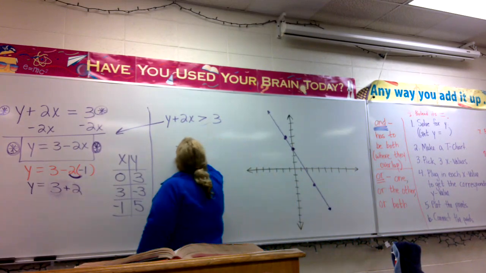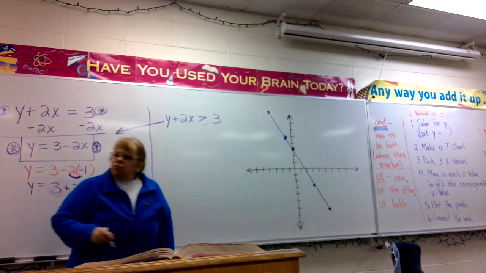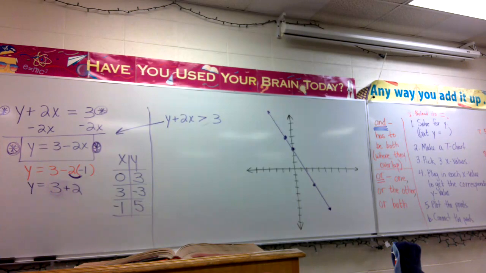When you go to make your line, do you remember when we did just the number line? If it was just greater than or just less than, did we color it in? No. But if it was greater than or equal to, less than or equal to, I said those backwards, we colored it in.